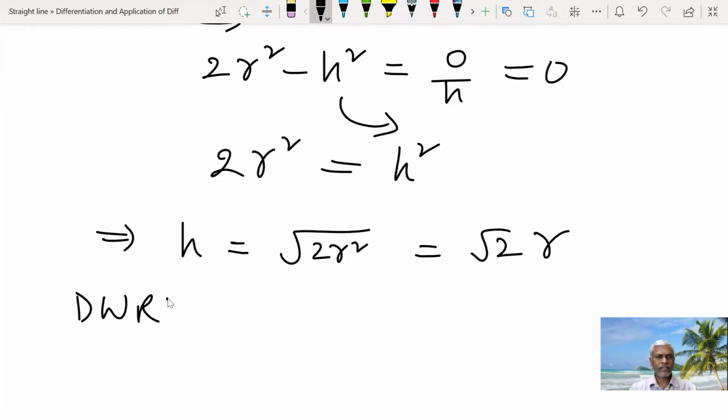Differentiating with respect to h, f double dash h.